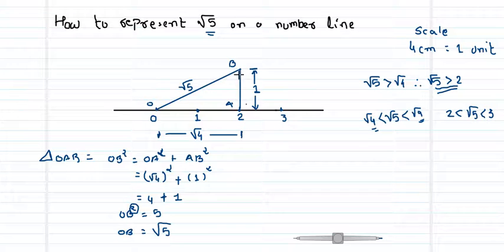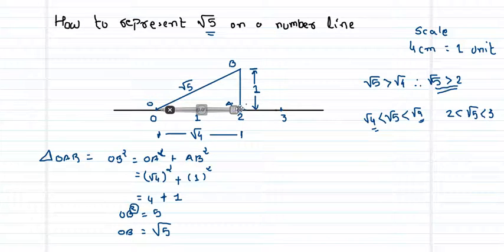OB is root 5. So again, what we have to do? We have to put this compass on the origin and adjust the length exactly to this side OB, just like that.